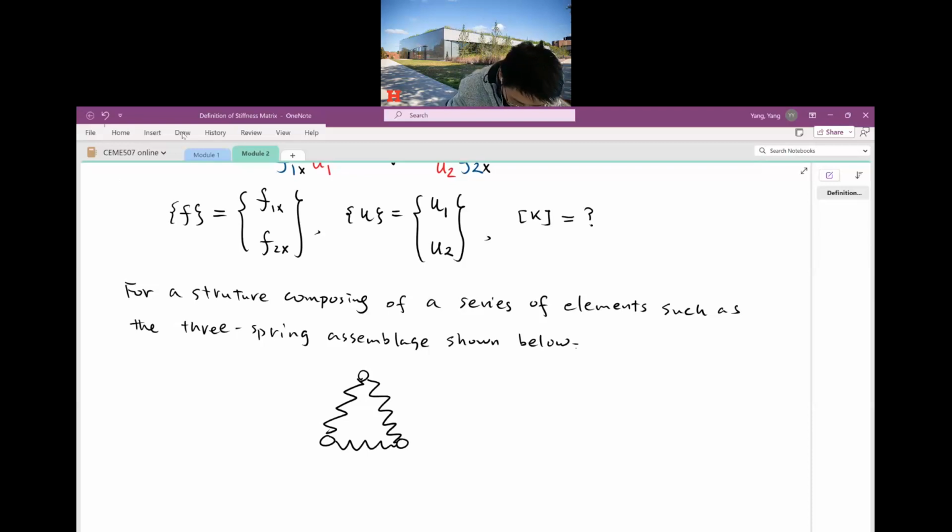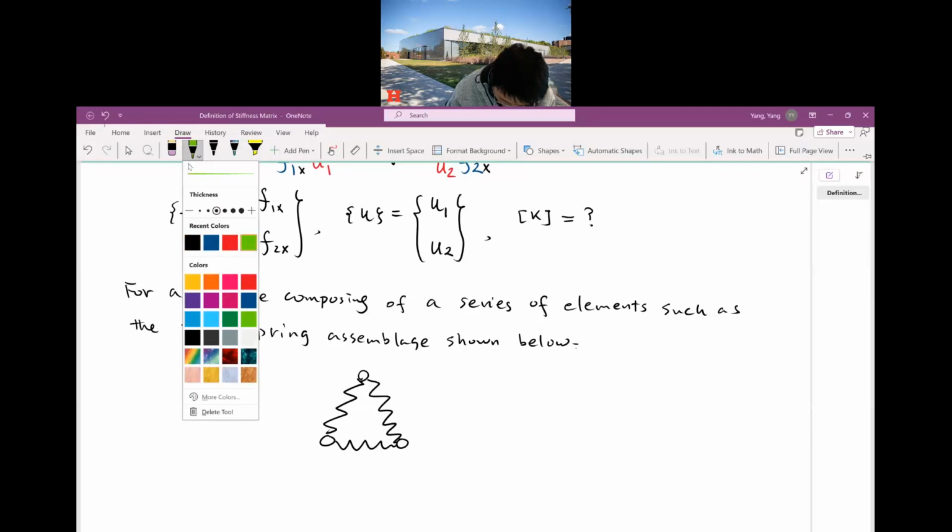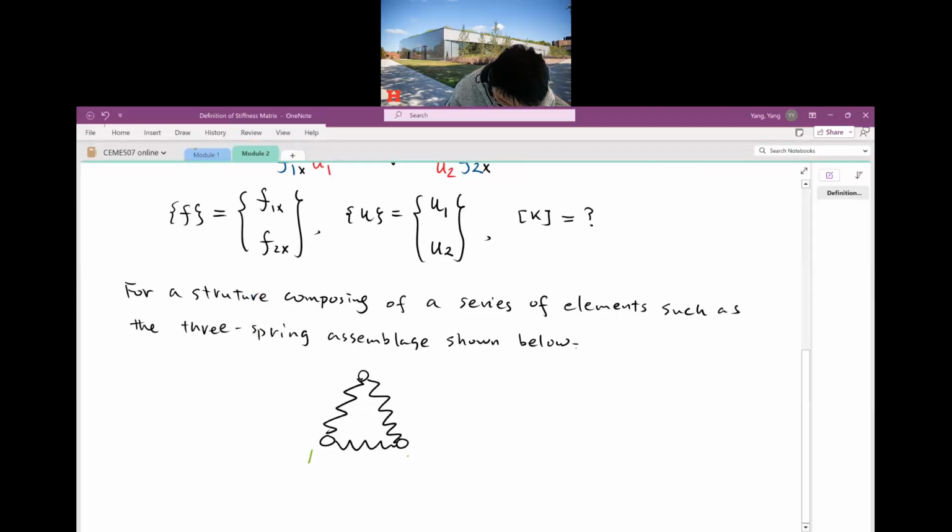So in this case, we will have 1, 2, 3, and we will have 3 nodes here, so we have 3 elements. Because of the geometry, we need the x direction and the y direction.